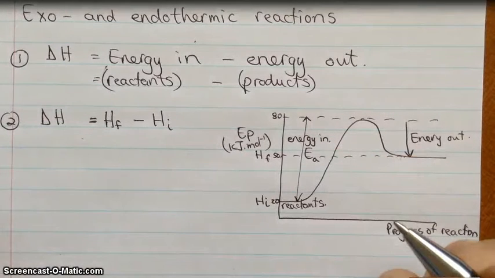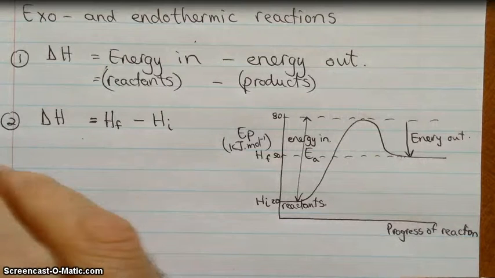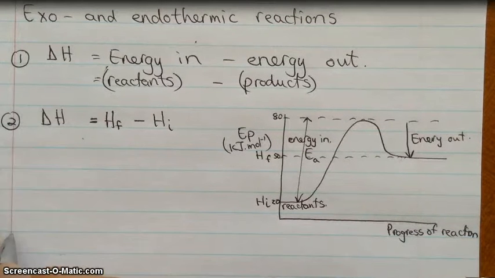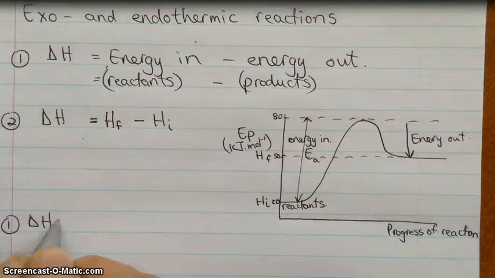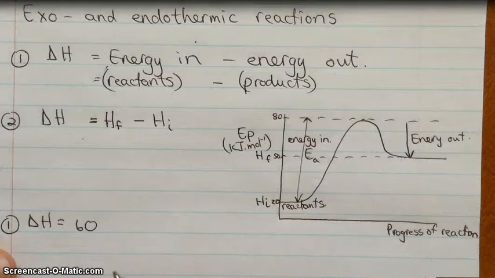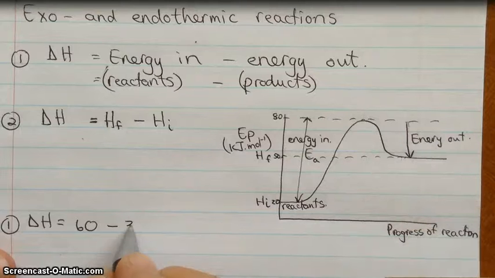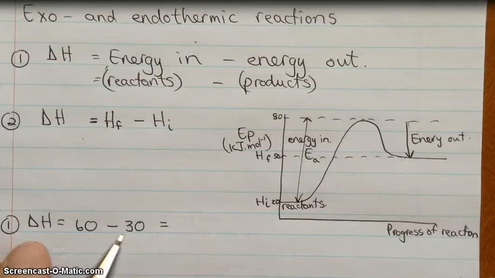In terms of method 1, delta H is equal to, now the amount of energy in is from 20 up to 80, that is 60, and energy out will be from 80 down to 50, that is 30. So my reading, or my delta H in that first method, will be 30 kilojoules per mole.